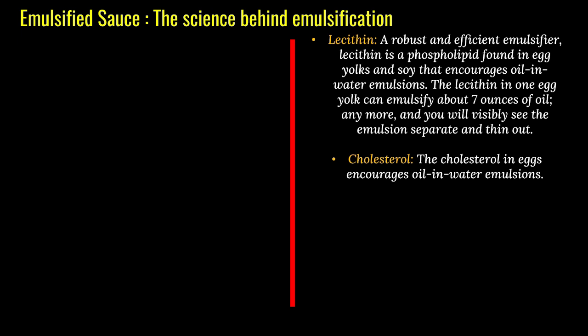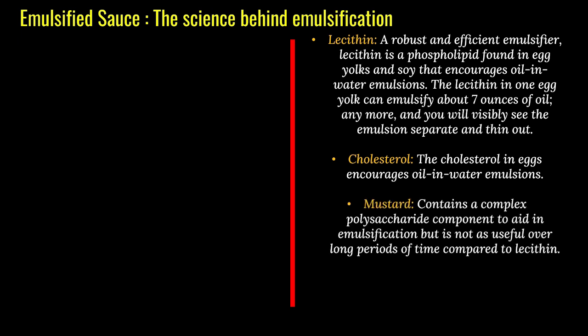Cholesterol, you must have heard of it. The cholesterol in egg also encourages oil in water emulsification. So cholesterol present in egg also helps in the emulsifying process. Mustard contains a complex polysaccharide component that adds to the emulsification process, but is not as useful over long periods of time compared to lecithin.